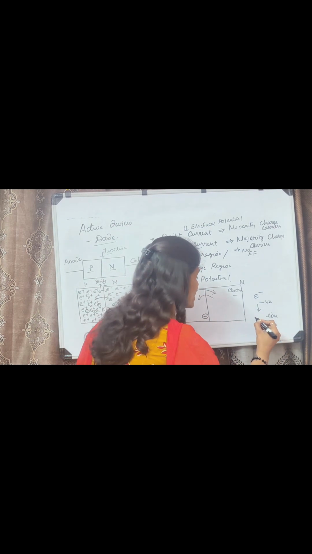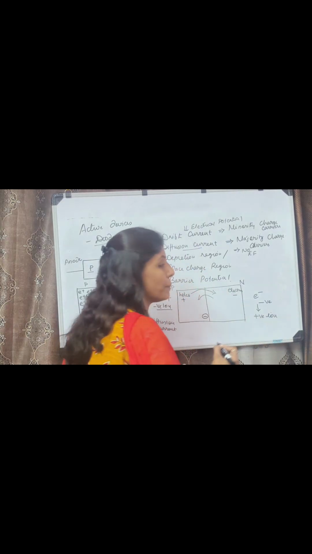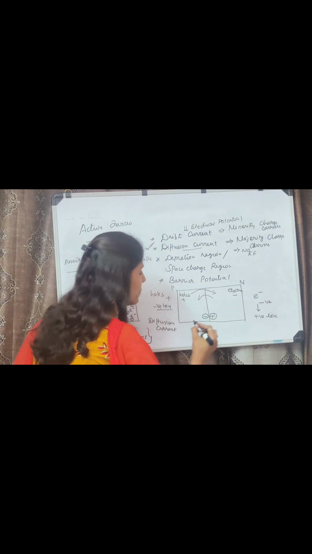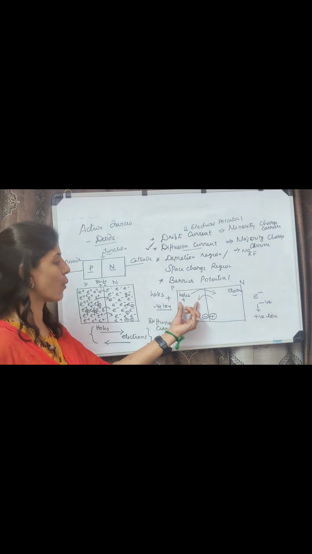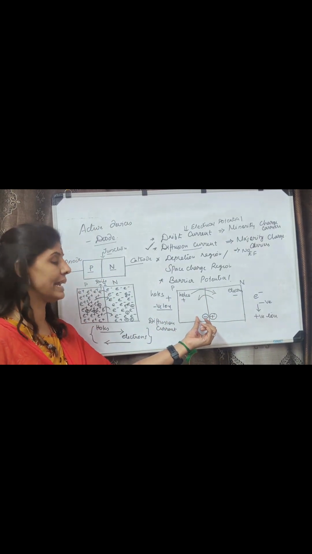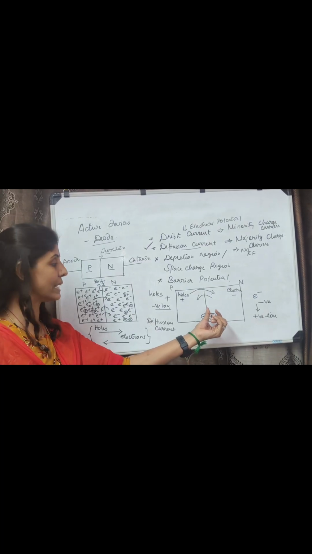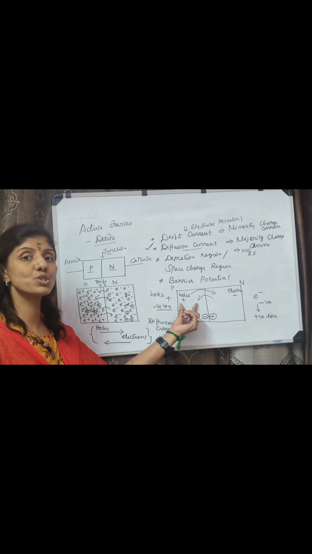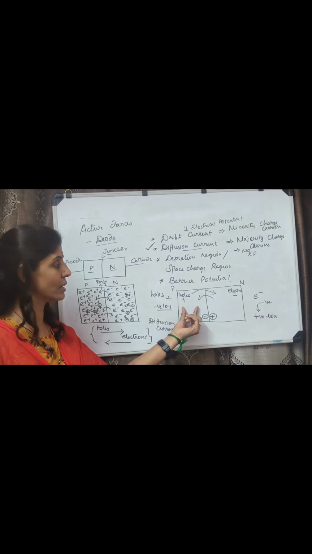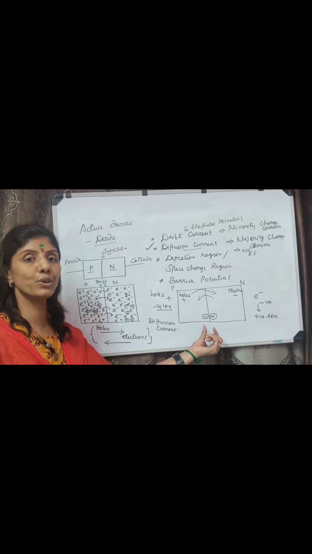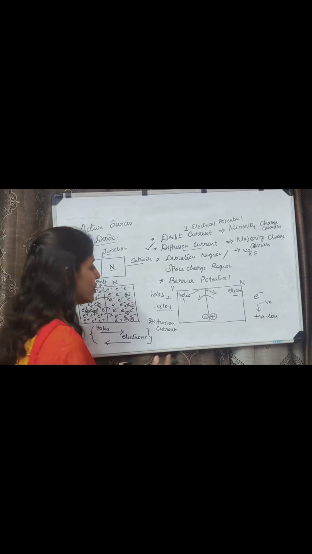But since negative is lost, what kind of ion will it be? A positive ion. So for one hole that recombines with an electron, a negative ion is produced near the junction. Once an electron combines with a hole, automatically one positive ion is produced near the junction.